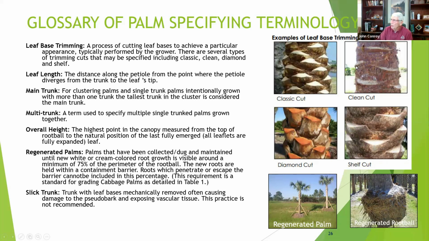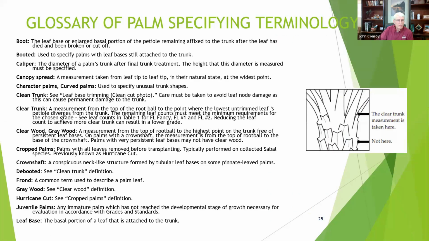So when the grower or the provider is cleaning up that trunk, make sure that they understand the importance of not damaging this part of the palm trunk. That's pretty important stuff. The same applies as we were talking about with the booted treatment. You're just trying to ensure that the tree doesn't get damaged in such a way that it causes disease problems later on.